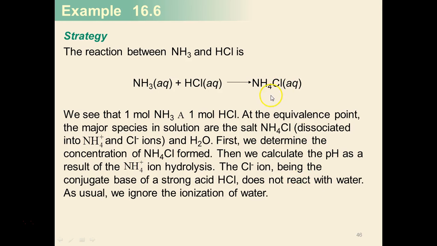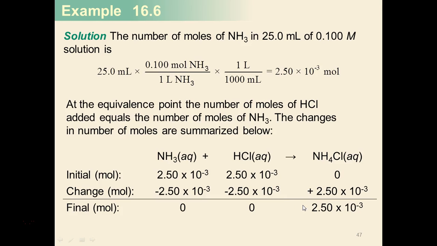So let's look at what this ammonium chloride salt at the equivalence point will do to the pH. So the total number of moles of ammonia is calculated here. And at the equivalence point, the number of moles of HCl is equal to the number of moles of ammonia.